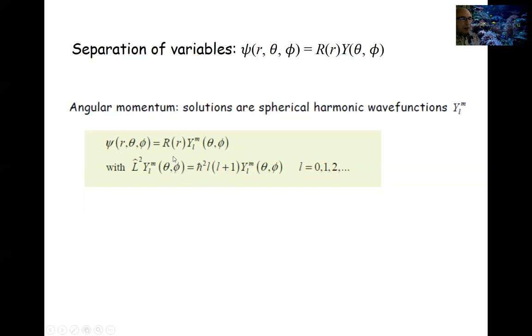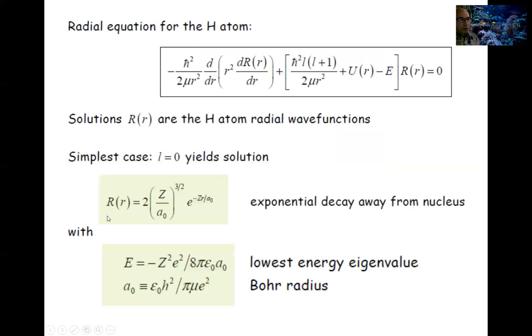So we know the eigenvalues for the L squared operator, which is described by spherical harmonics. So these eigenvalues are h bar squared L(L plus 1). And this allows us to simplify our equation for the hydrogen atom and come to the radial equation.